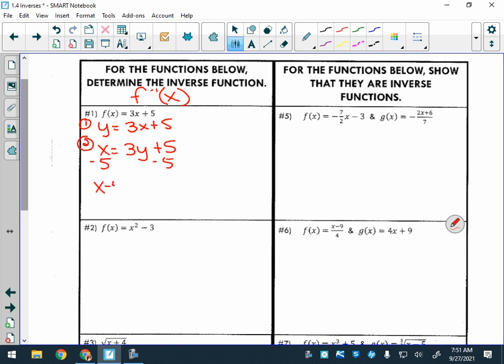So we have x minus 5. Okay. Then what do we do? Yeah. Divide by 3. So our inverse, you could also write it 1/3 x minus 5/3 as well.